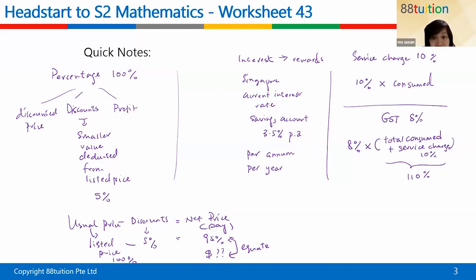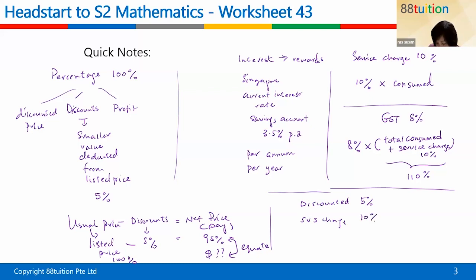All right. Let me see what else we can come up with. Then sometimes the question will say they have been discounted. Maybe they discount 5%. They have a service charge of 10%. Then they have the GST 8%.